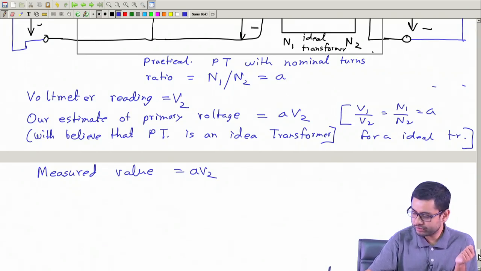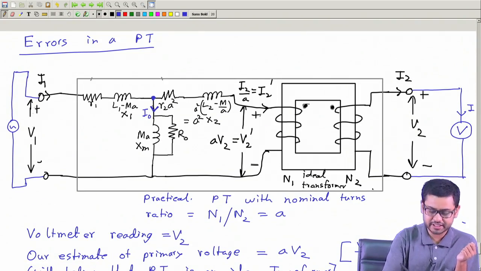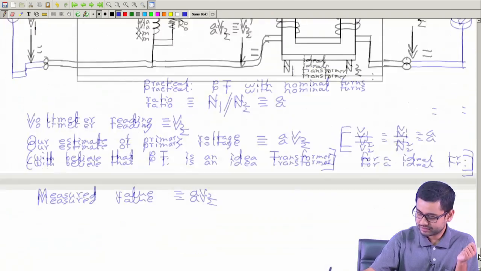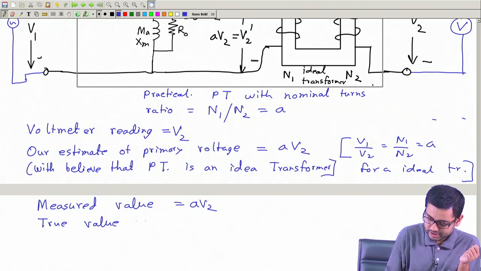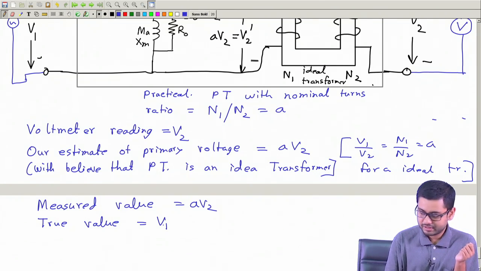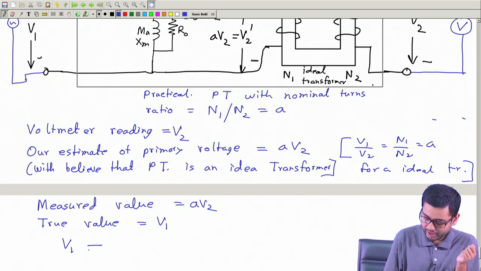But what is the true value? True value is V1. Are they equal? Is V1 equal to AV2?